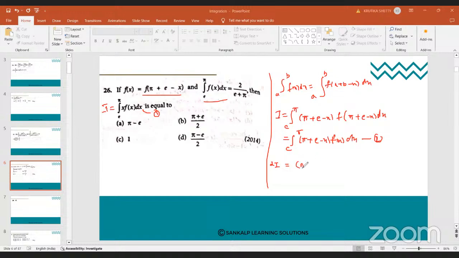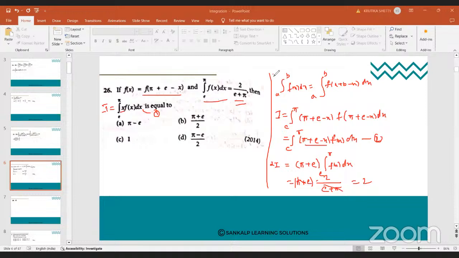It will be just pi plus e times the integration from e to pi of f of x dx. Pi plus e will remain as a constant. When we add pi plus e minus x and plus x, that will cancel, and we know this value already, it's given in the question. It is 2 times, e plus pi by e plus pi, e plus pi will cancel, and the answer will be equal to 2.